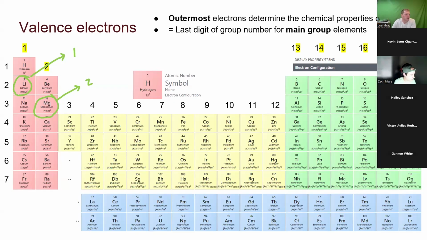If we take lithium and think about the noble gases that are flanking it, on one side, lithium has helium. Helium has an electron configuration of 1s2. Lithium has an electron configuration of 1s2, 2s1.